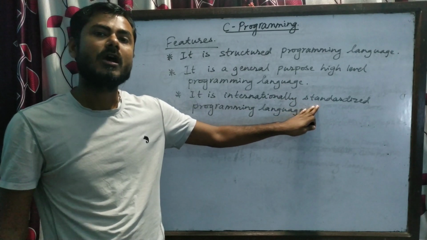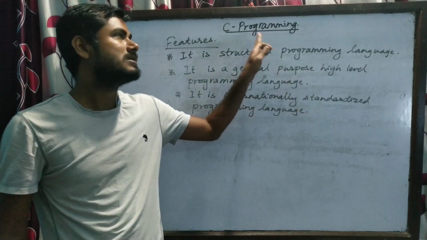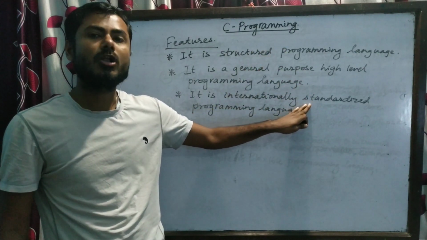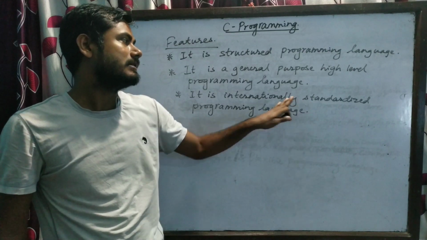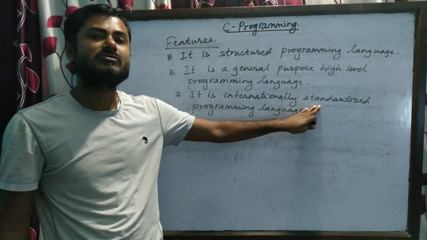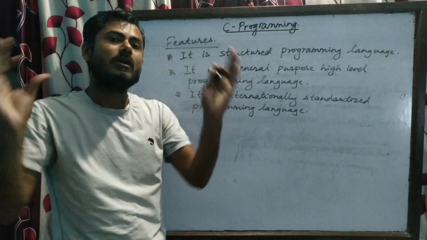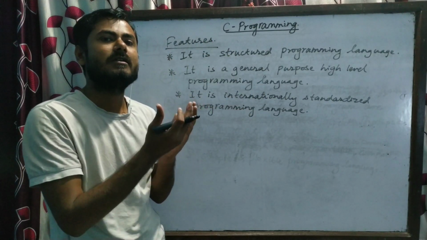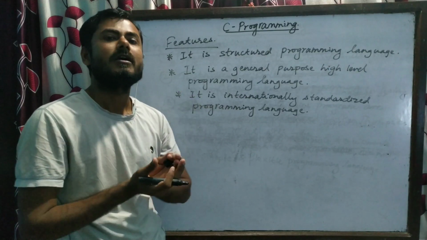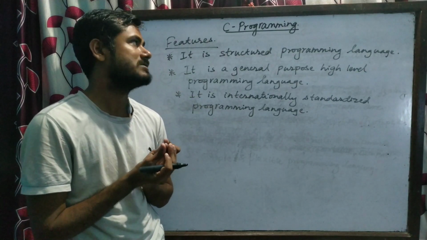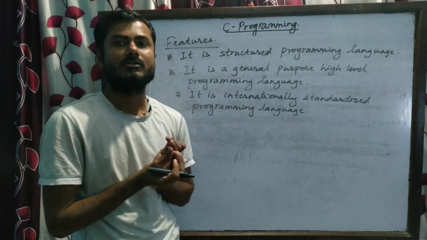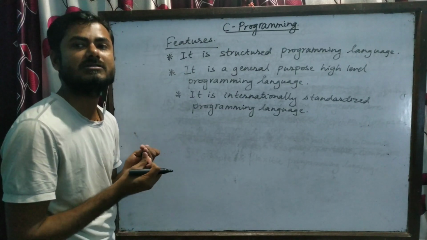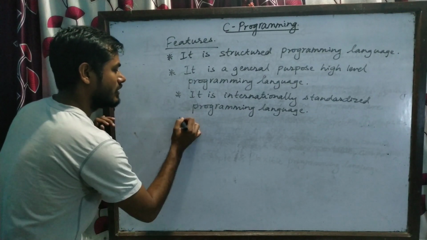The code which is written in C programming is valid all over the world. The same C programming is valid in different countries for writing programs. Next, it has the features of both high level as well as low level.